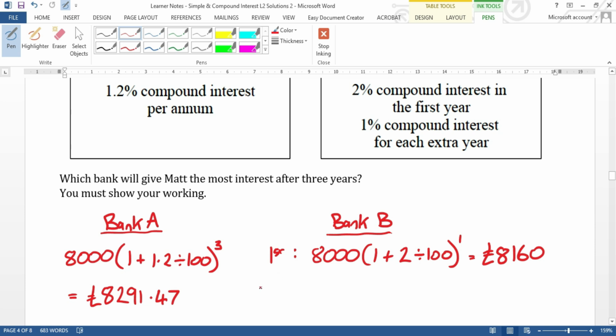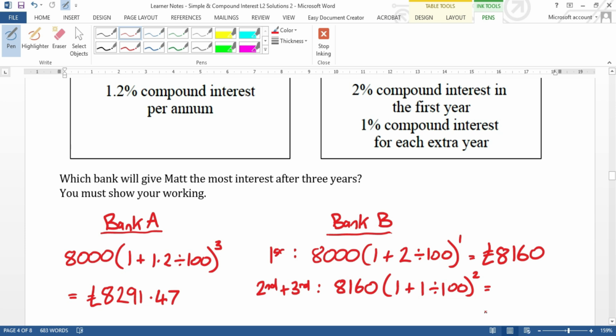And then for the second and third year, you're going to have to use your new amount, 8160, 1 plus again, and it's 1% now, so 1 divided by 100. And because you're combining the second and third year together, I'm going to do that to the power 2, because you're doing it for 2 years. Yeah, so altogether it will be 3 years.